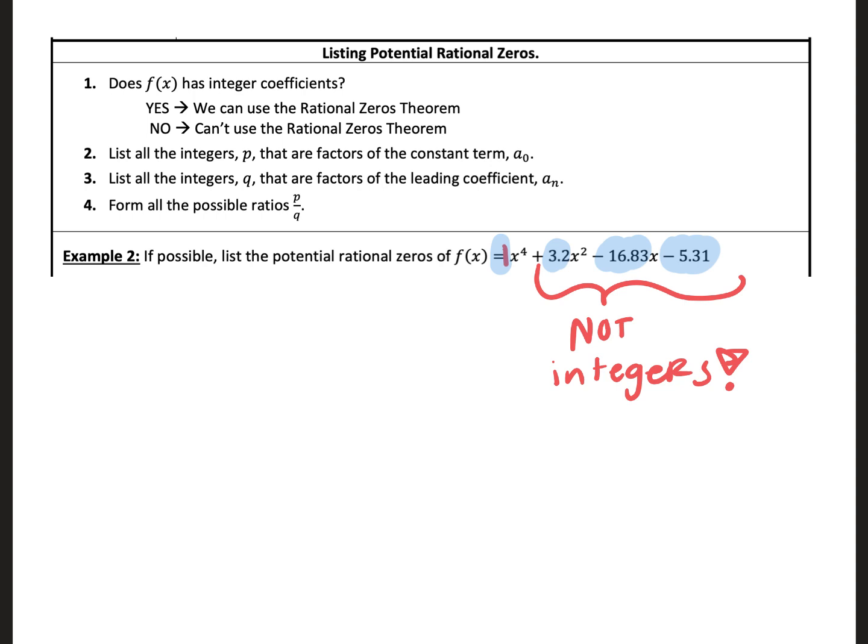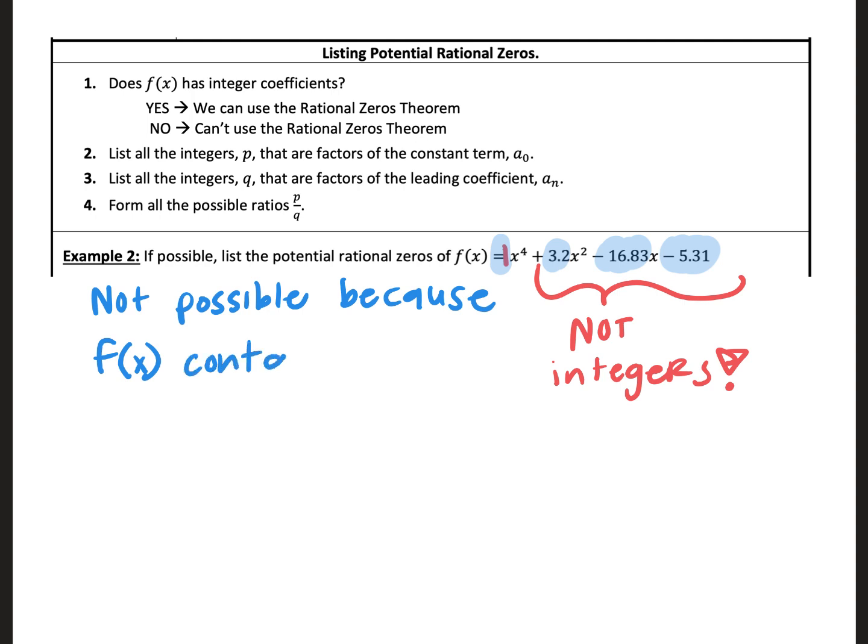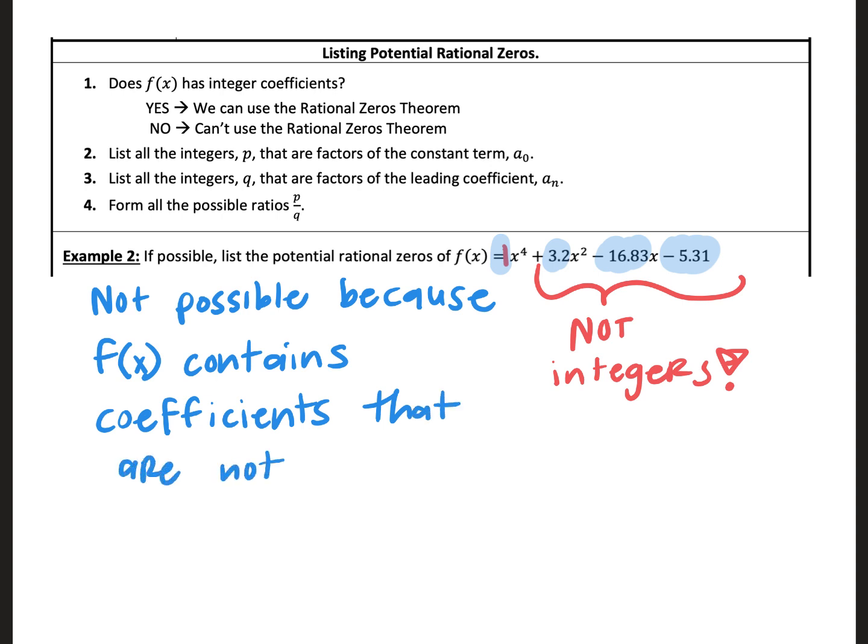Again, that's a problem for us because we can't use our rational zeros theorem if those are not integers. So we're going to write that this one is not possible because f of x contains coefficients that are not integers.